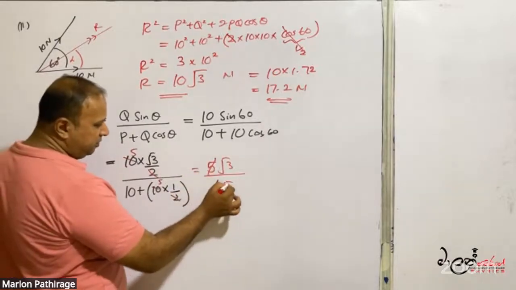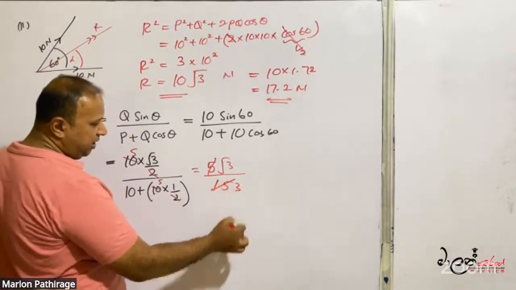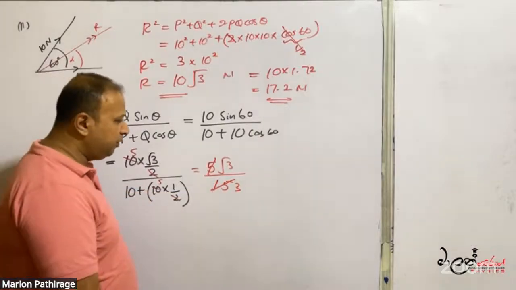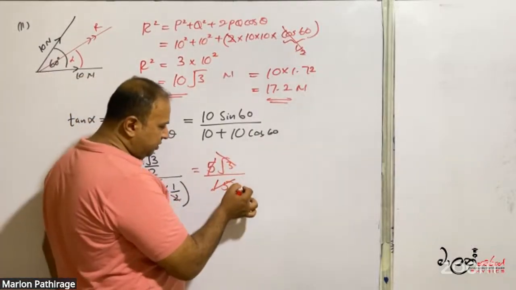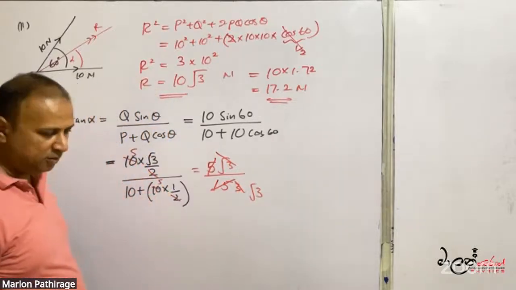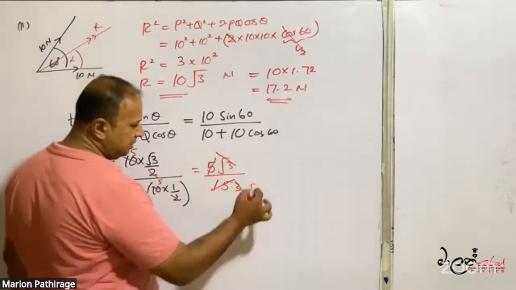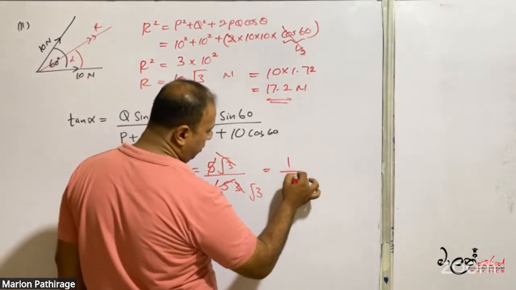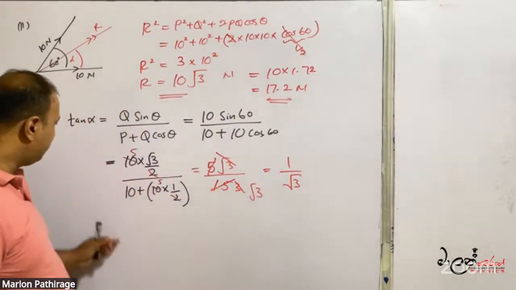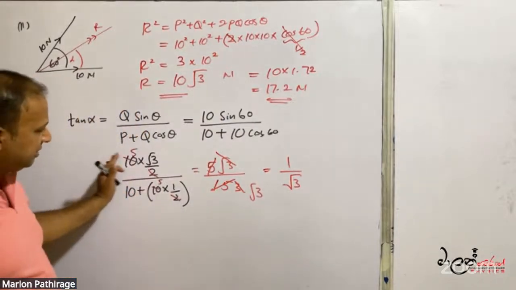Therefore, this will be cancelled out, giving root 3 over 3. Therefore, tan alpha is equal to 1 over root 3.